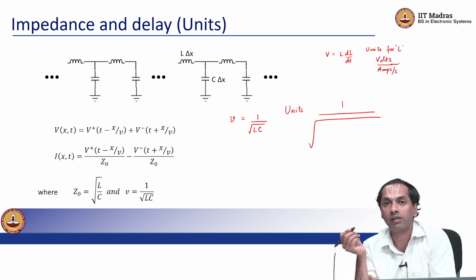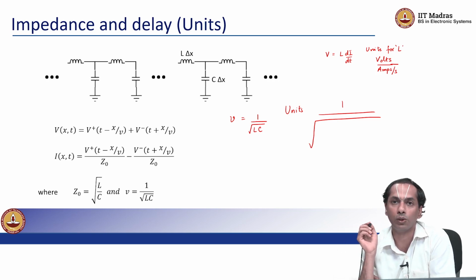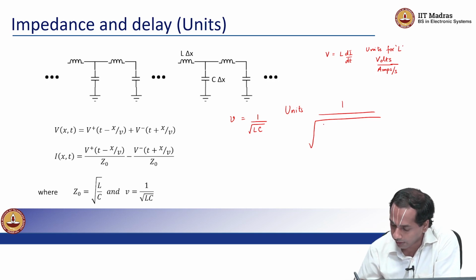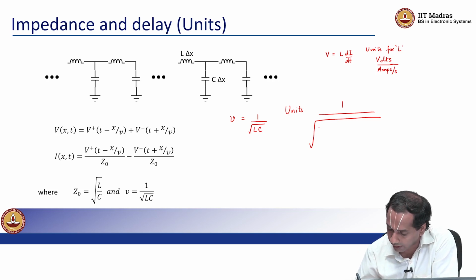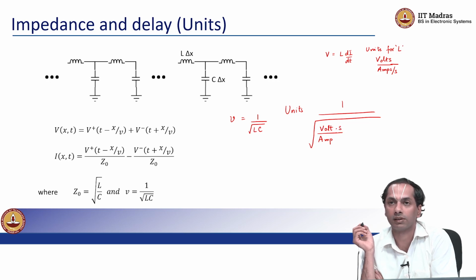So voltage divided by amperes per second is another way to give the units for inductance, or henry. Let us use that and see what we get. So we are going to do volt per ampere times second. This is for the inductance.